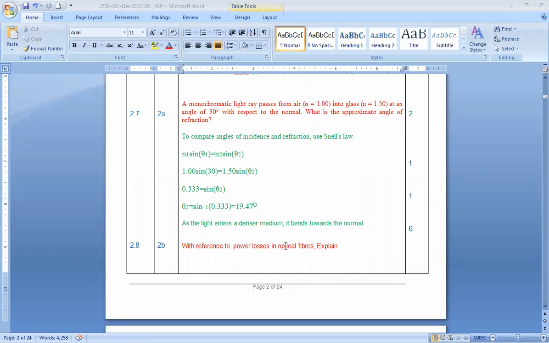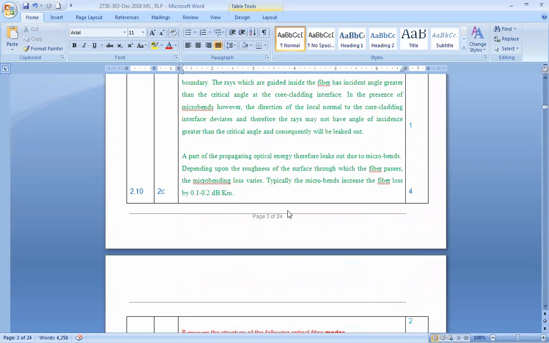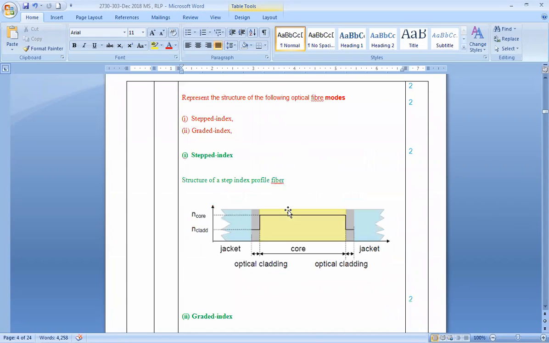So it has a core, cladding and jacket. I don't know if I've put it up here. The center part of the fiber is called the core, and then you have a small layer on top of it, that is called the cladding, and the outer part, the plastic part, is called the jacket.